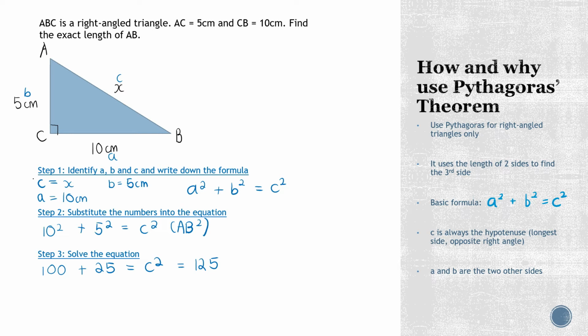So in order to get C on its own, we need to square root both sides. So C equals square root of 125. And it wants the exact length, so don't worry about converting it into a decimal or anything. Just this can be changed to 5 root 5, which is equivalent to root 125.